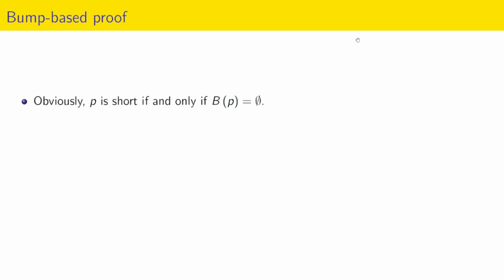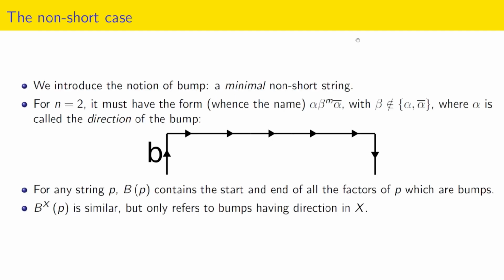Sorry, but when you call the start and the end, you call this the occurrence. Yeah. So it's just a number, a position where a bump starts and ends.